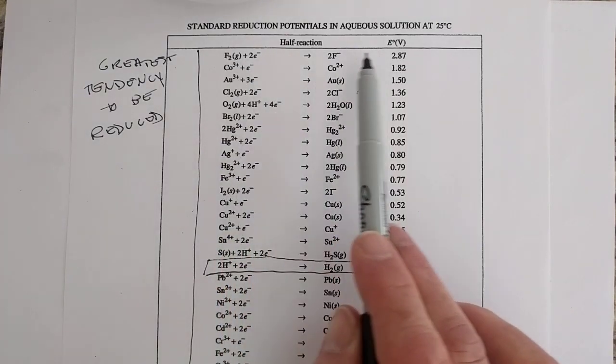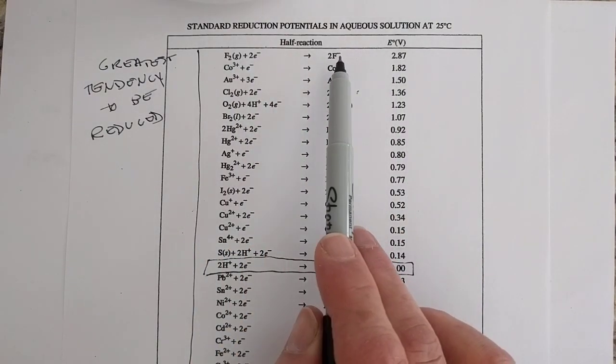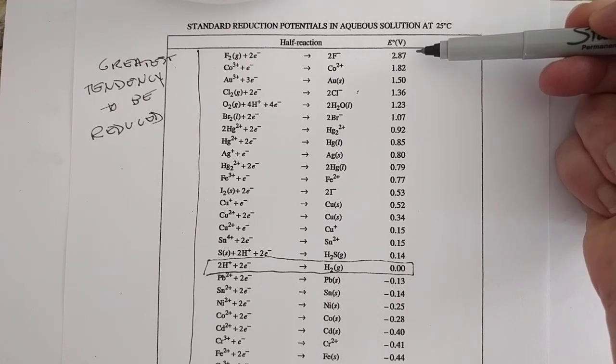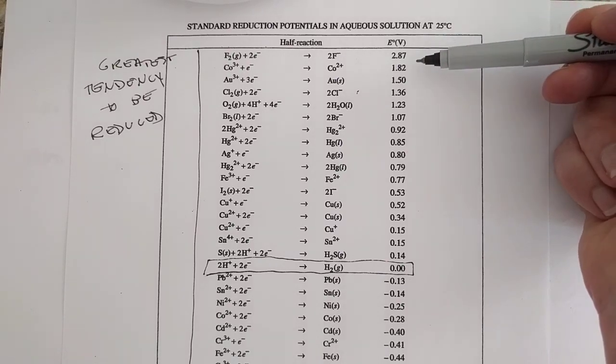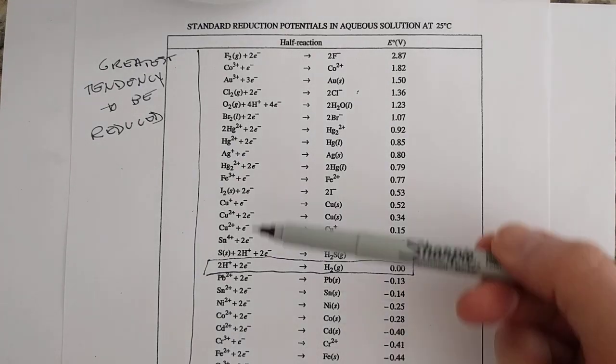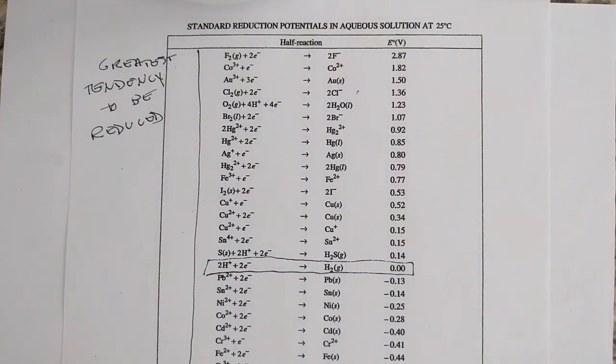Now, if we were to take one of these equations and flip it, we would have the oxidation reaction, and the sign of E0 would be flipped. So, our equation for the E0 of the cell, we need both the reduction potential and the oxidation potential, but typically you're only given reduction potential values because you're expected to be able to flip the equation and change the sign for the oxidation half reaction.